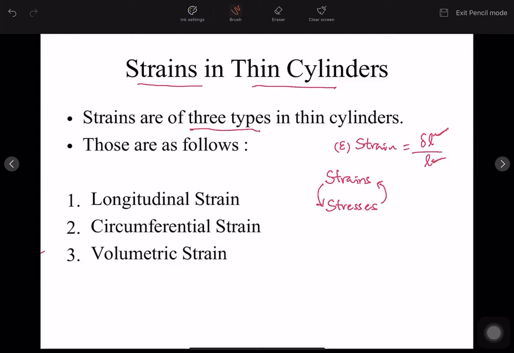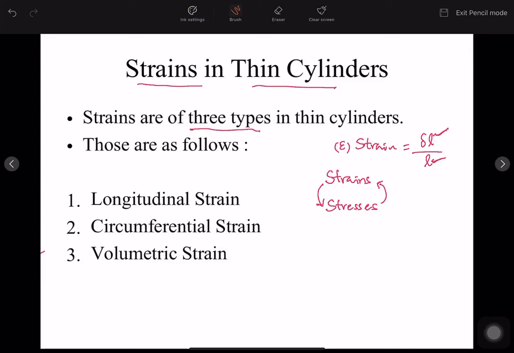In assumptions I have mentioned that radial stresses we will neglect, as in thin cylinders they will be having negligible value, so we'll consider sigma r, radial stress, equals to 0.